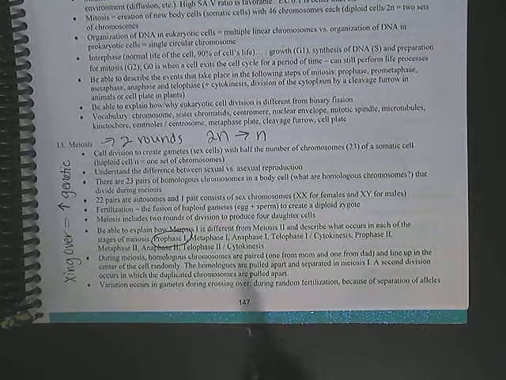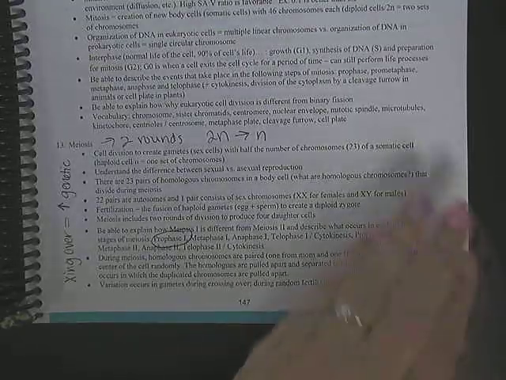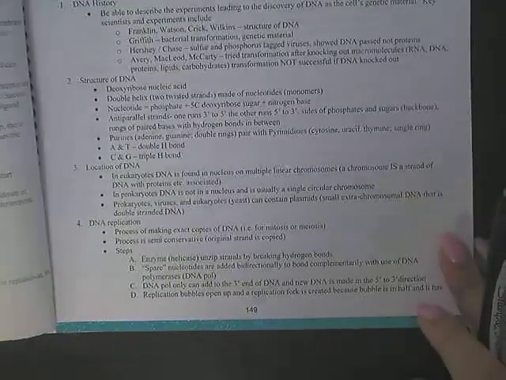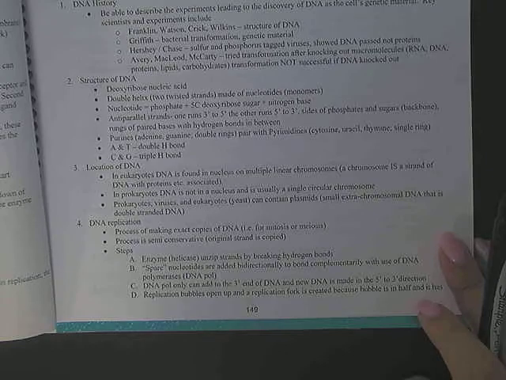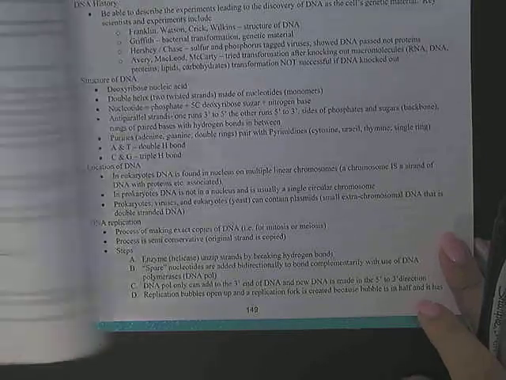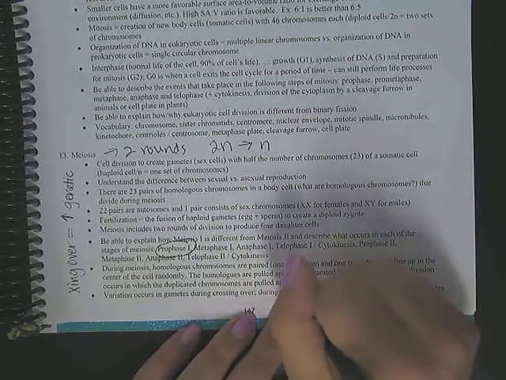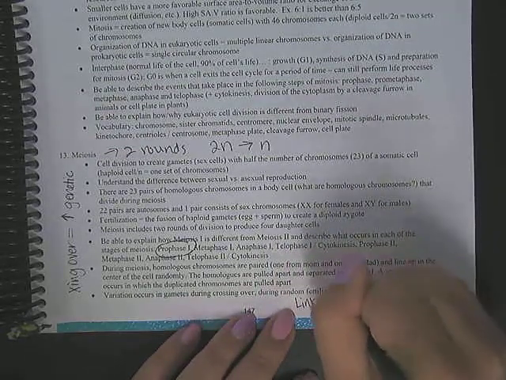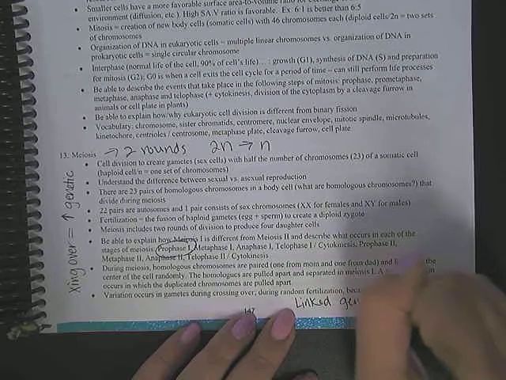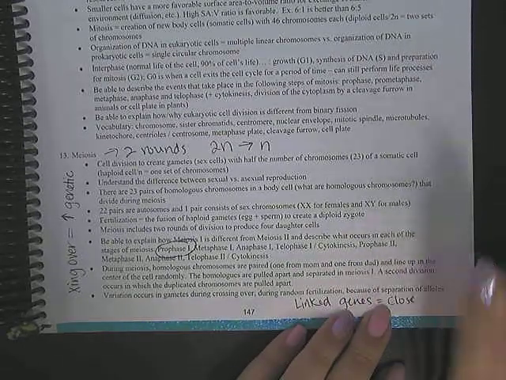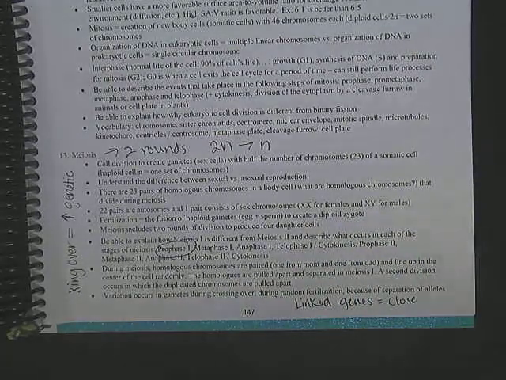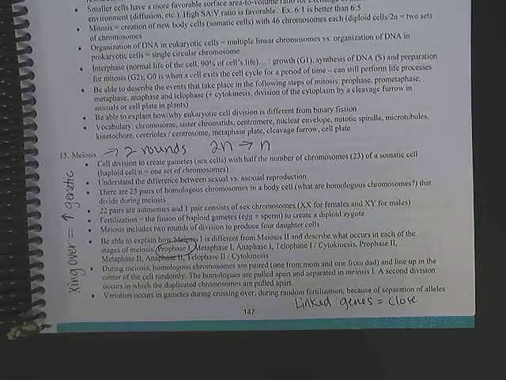Now there are some exceptions to this. Some of the exceptions that we talked about include linked genes, and what happens with linked genes is, because the traits are physically close together, they don't separate the way that you would predict using traditional Mendelian genetics.